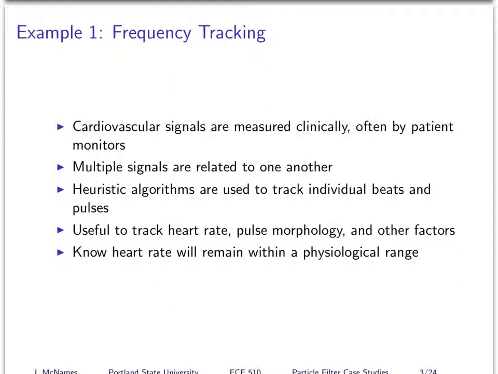One of the things I'm proud of as a contribution in my career is showing that these cardiovascular signals can actually be tracked. A lot of the parameters you're interested in can be tracked using the state-space methods that we're talking about in this class. So it's really cool.